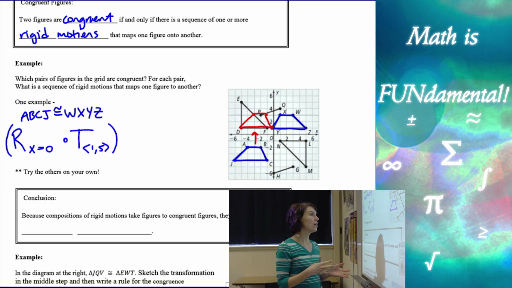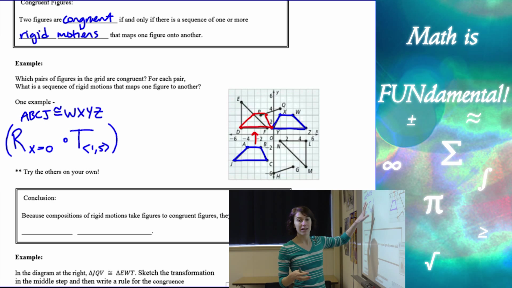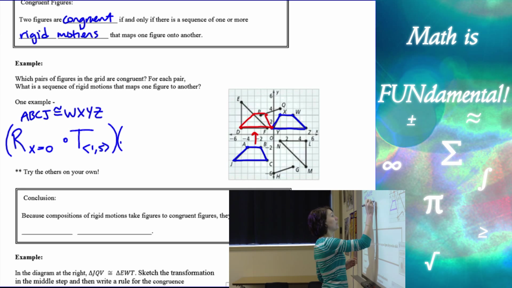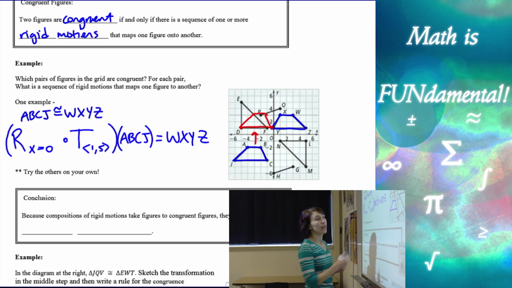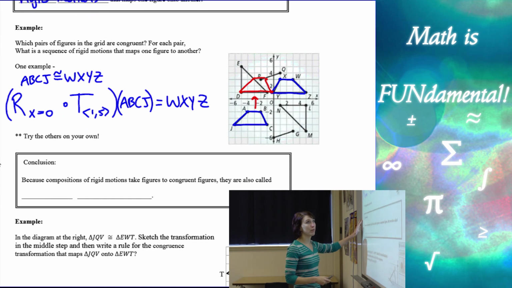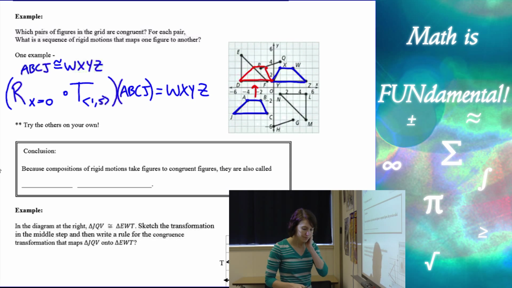So if I translate it first, 1 over and 1 up 5, I want to write that second. And then I'm going to have my pre-image, ABCJ equals WXYZ. And again, yours might be a little different, but that's the way I went.